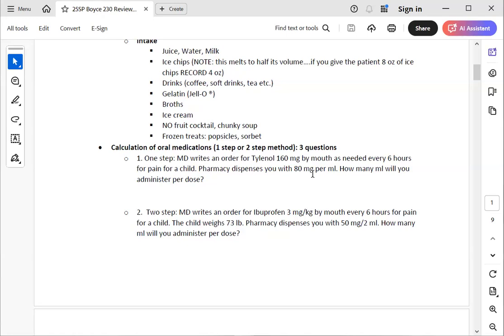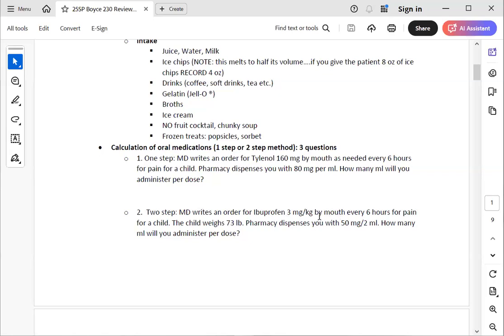Whereas a 2-step problem usually involves a conversion. Let's say the order is in grams, but the available is in milligrams, so you have to convert grams to milligrams. Or here, they used a patient's weight, so this is also considered a weight-based calculation.